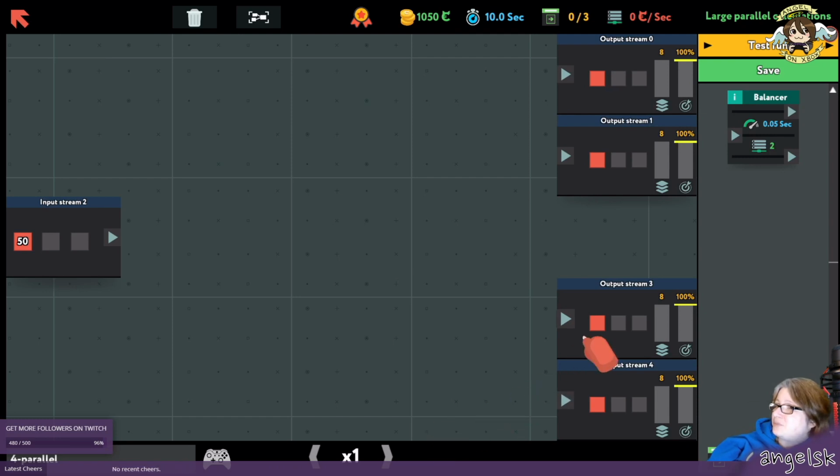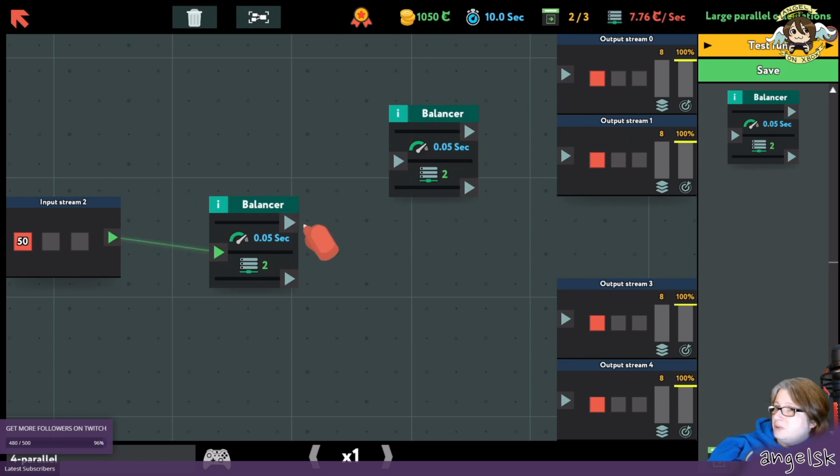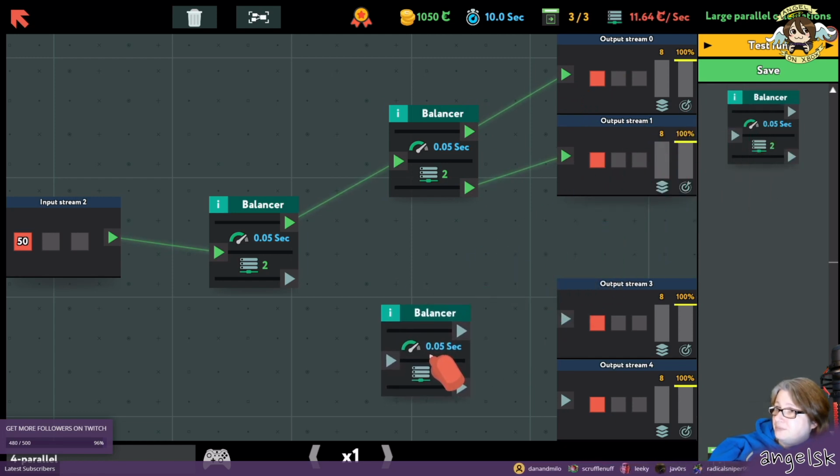Okay. So we've got some load balancers. The only reason we're putting these in is because we need to split it into 4.